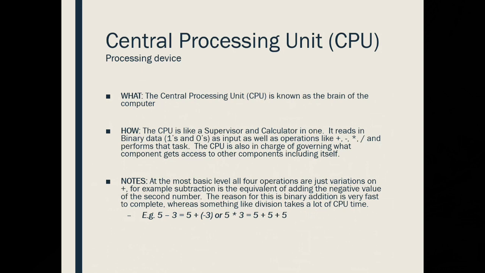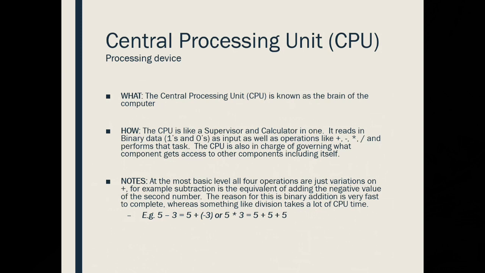Now, the central processing unit, often called the brain of the computer, is what does all the math. It also allows certain permissions between different devices. Yes, you can talk to this, or no, you can't talk to that. But mostly it just does basic math. So it's like a supervisor and a calculator all in one.